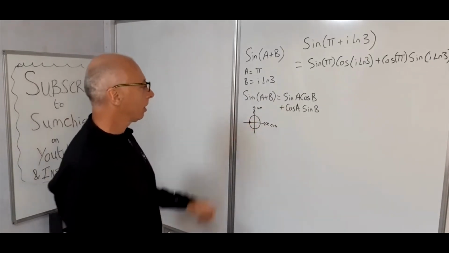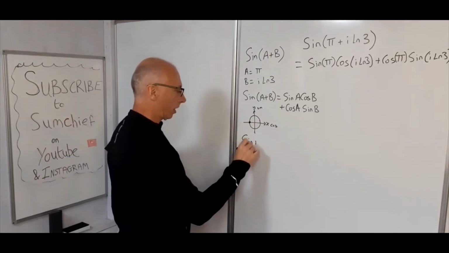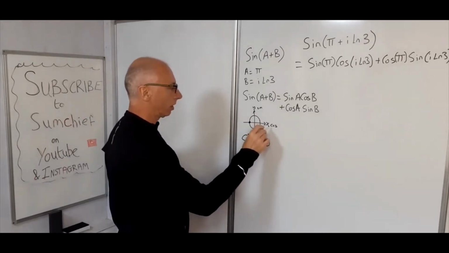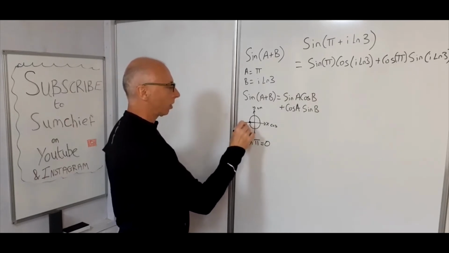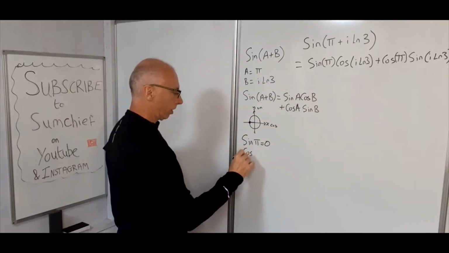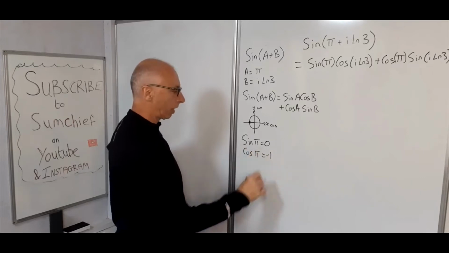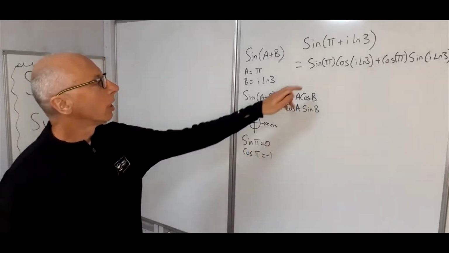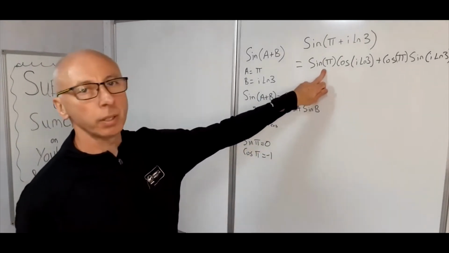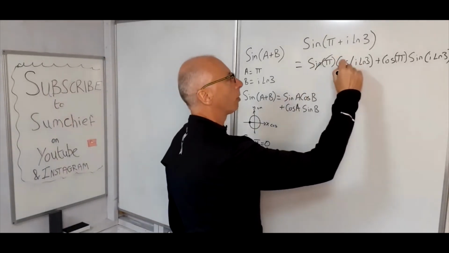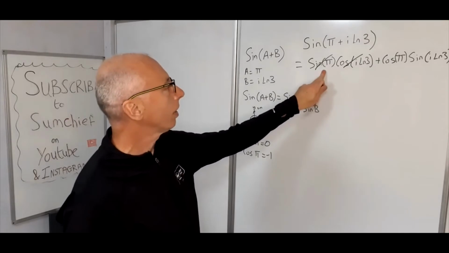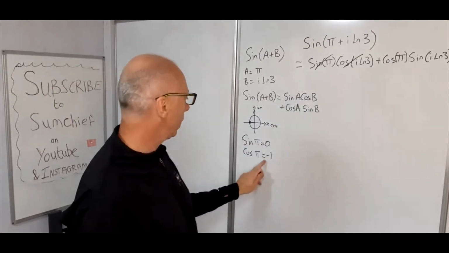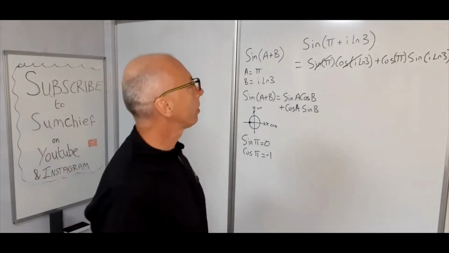So sine of pi equals 0, and cosine of pi is over here, unit circle radius 1, so cosine of pi equals -1. So sine of pi is 0, so we don't have to worry about working out what cosine of i log of 3 is. It just cancels out because that's 0. Cosine pi is -1.